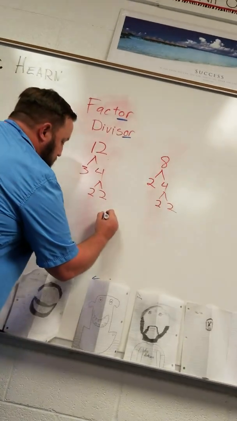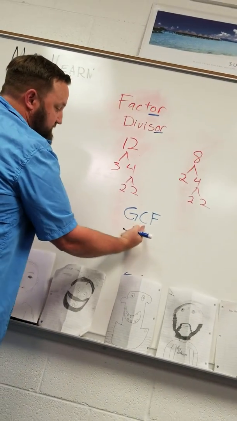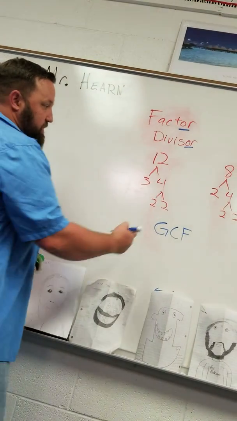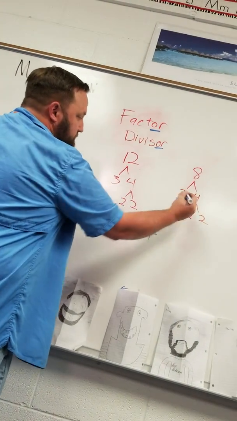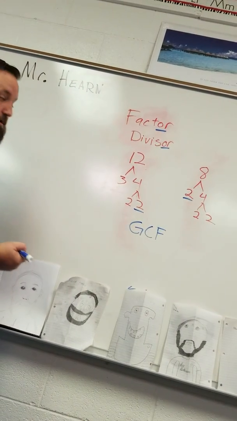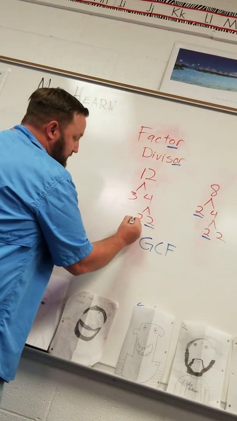So now what we're looking for, folks, is the GCF, or what is known as the greatest common factor. So now I'm going to find my common factors. Over here on 8, I've got a 2, and over here on 12, I've got a 2. Over here on 8, I've got another 2, and over here on 12, I've got another 2.